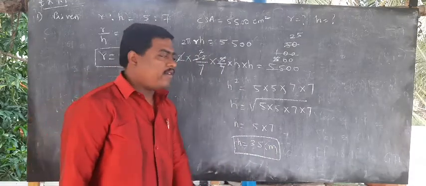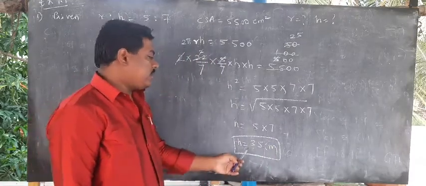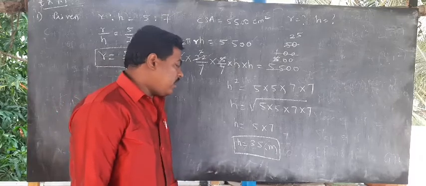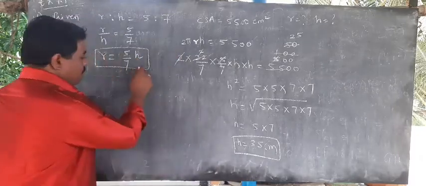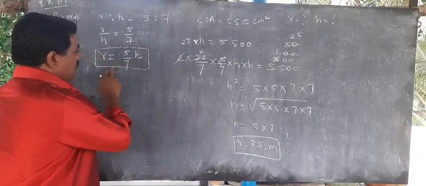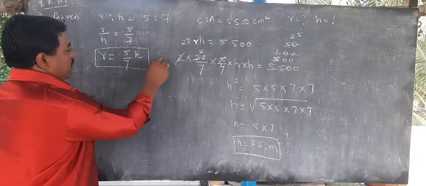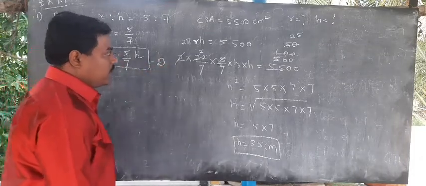They are asking to find r and h. We found h, then we need to find r only.